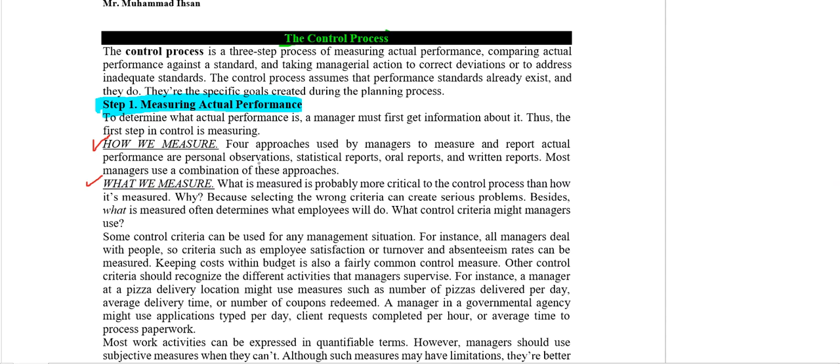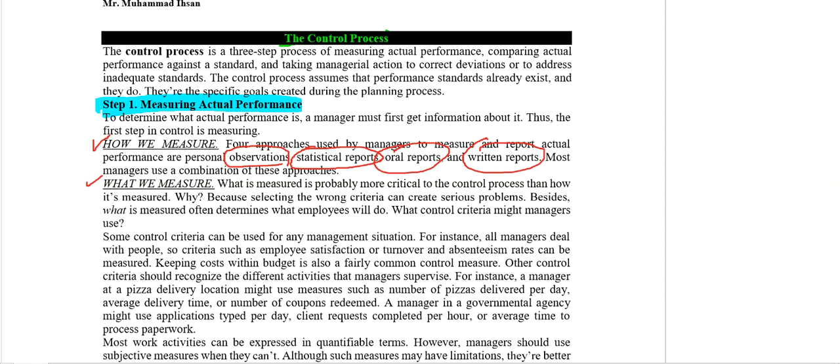Number one, personal observations. Number two, statistical reports. Number three, oral reports, and number four, written reports. We will discuss these four criteria to measure the performance of employees.